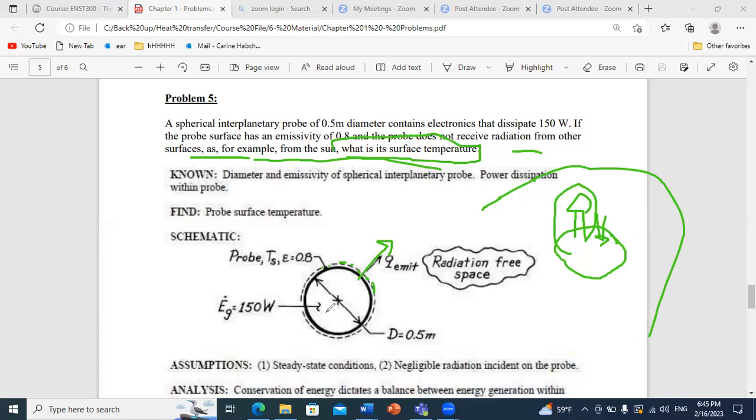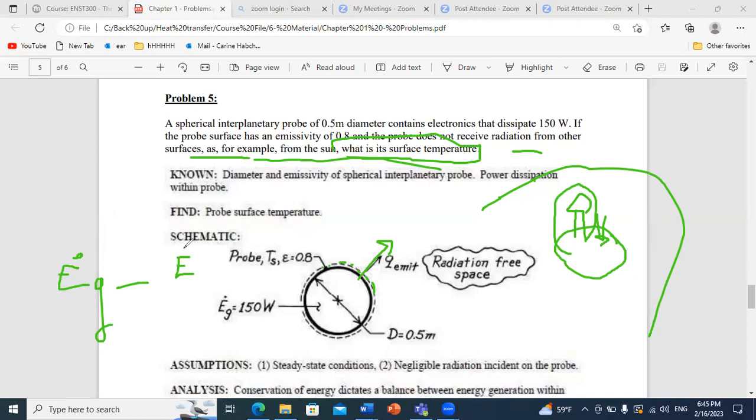All we have to do then is to write the energy balance. There is no storage. There is no inlet of energy. You don't have any input, just an output and a generation of energy. So whenever you write the balance, the equation will be simply E dot generation minus E dot out equals 0.